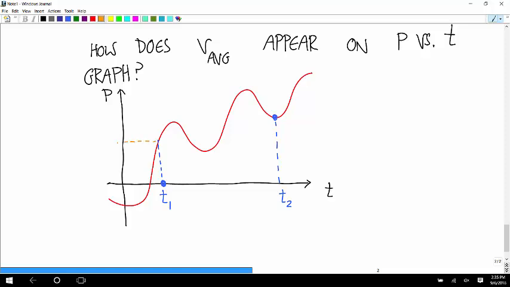And that means that this is the position at T1. I'll call that P1. And this is the position at T2. That's P2. And the average velocity is the slope of this line.